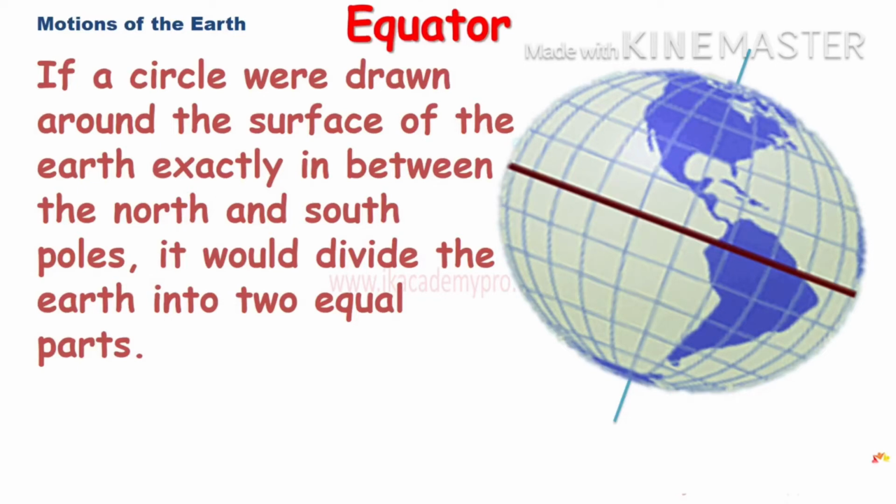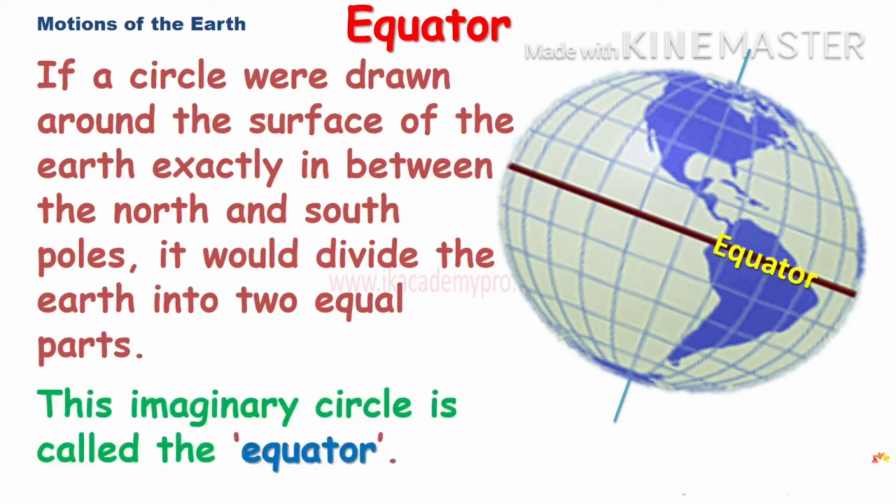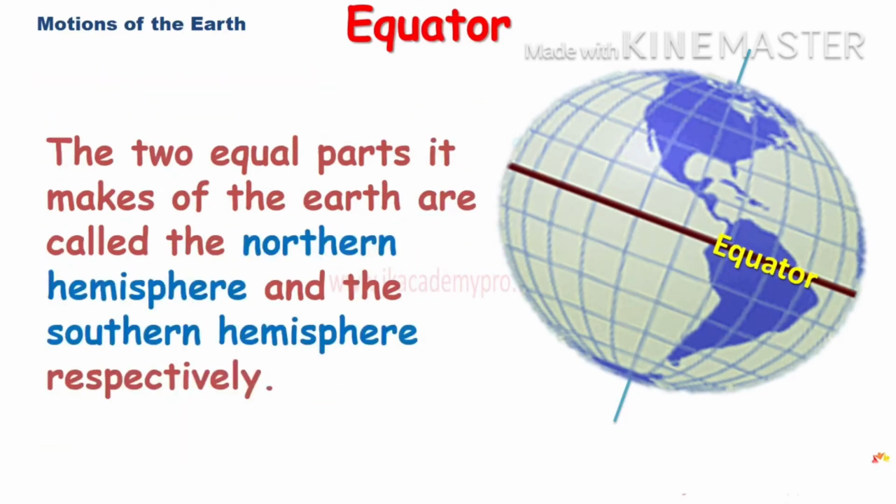Now you just draw a circle midway along the earth's axis. This is called the equator. It divides our earth into two equal parts. They are called the northern hemisphere and southern hemisphere. You can see the line, the equator.